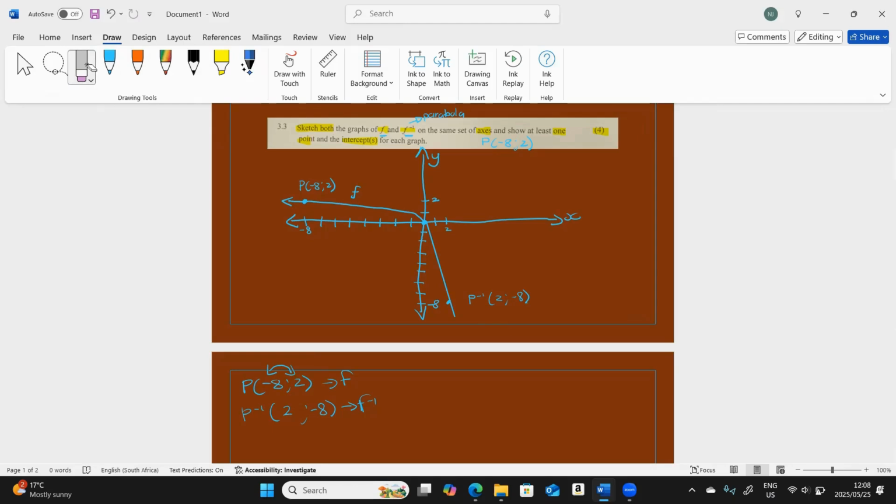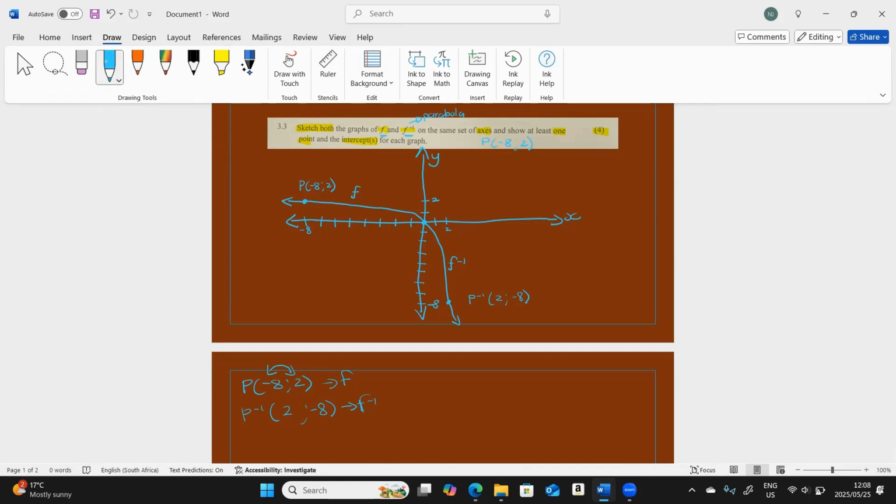Okay. We know it goes through the origin. Okay. So we know that that is then how it's going to look. Okay. So that is then called the function, which is the inverse of f.